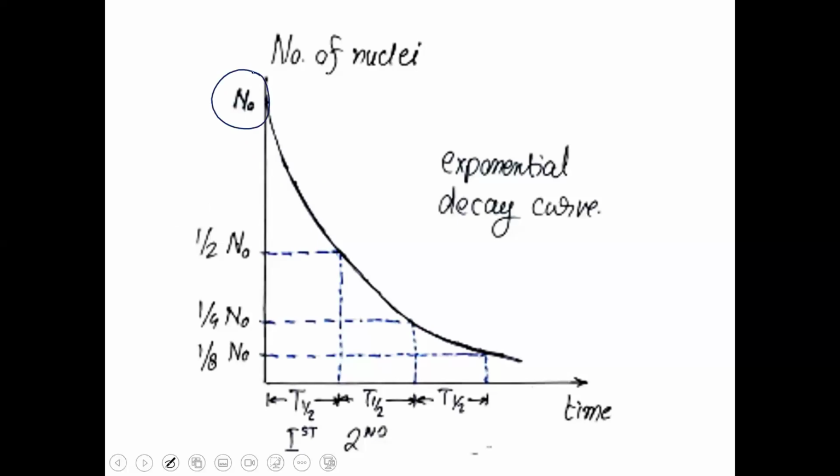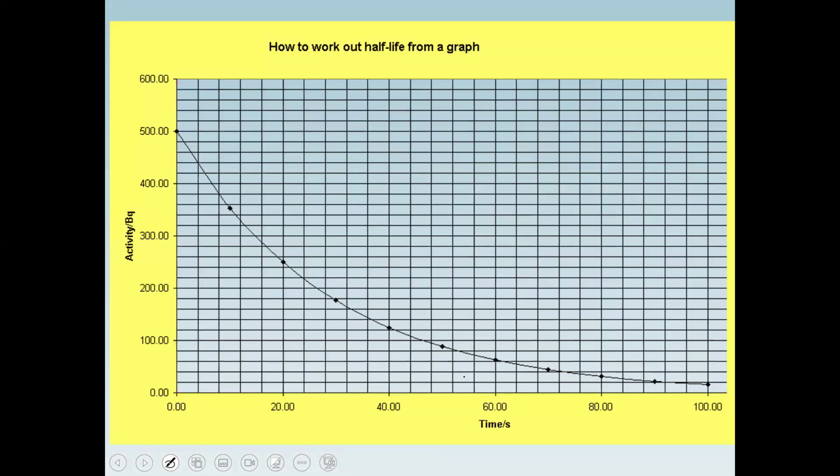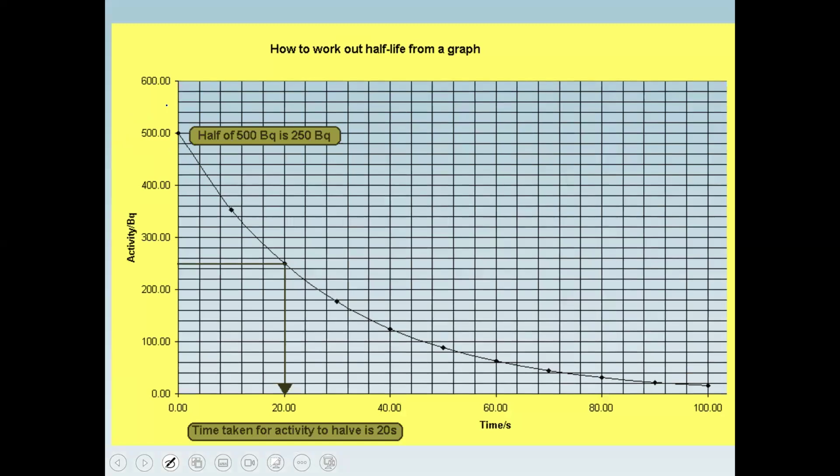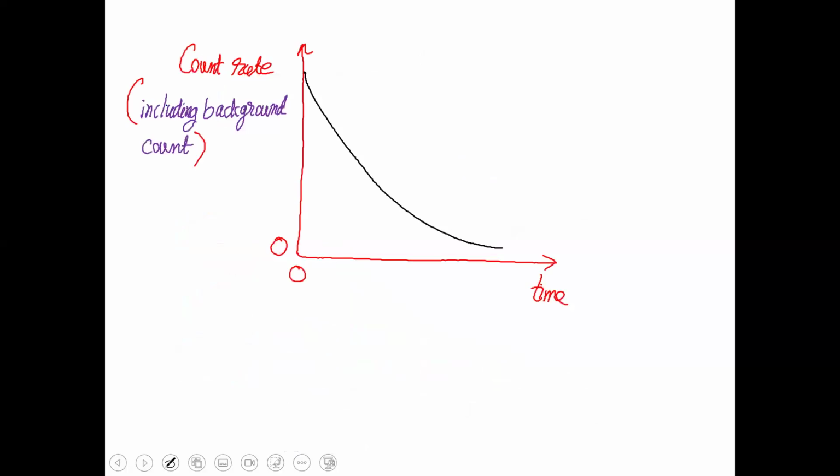It becomes half, 1/4, 1/8. Now you see, this is the half-life, which is not changing. Half-life is constant. And just like reading the median in our O-level maths, we can take a number, like here the number is 500. We halve it and read it on the x-axis. This is the half-life.